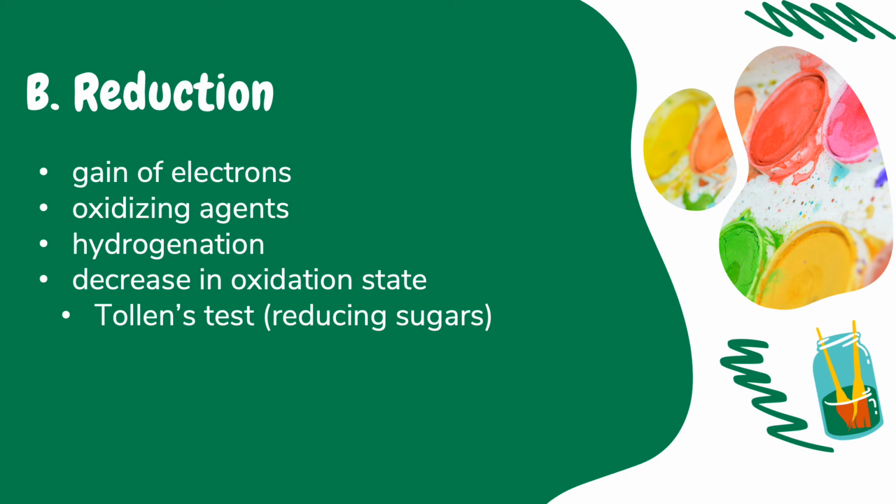The next chemical incompatibility is reduction. There is gain of electrons, and it is considered an oxidizing agent and can undergo hydrogenation. So there is a decrease in oxidation state. An example of a chemical that is prone to this is the reducing sugars.